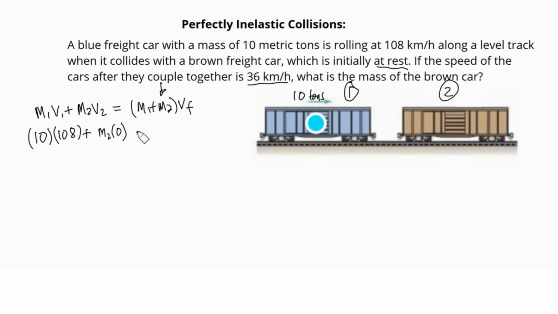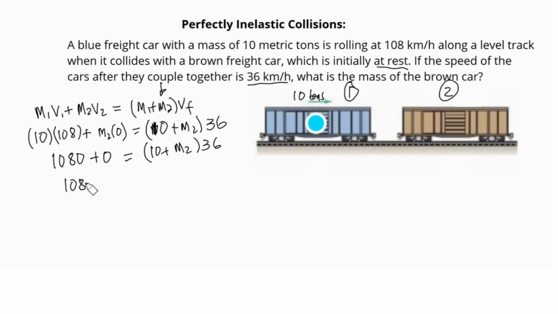That equals 10 plus m2 times vf, which is 36. So now I have 10 times 108, which is 1080, plus 0 is equal to 10 plus m2 times 36.